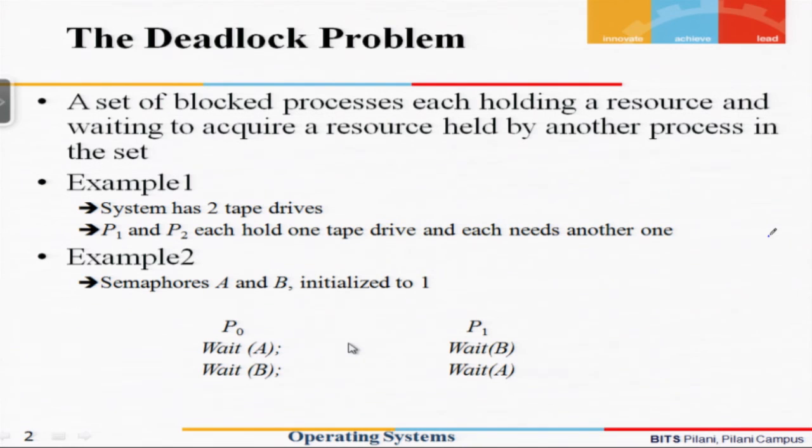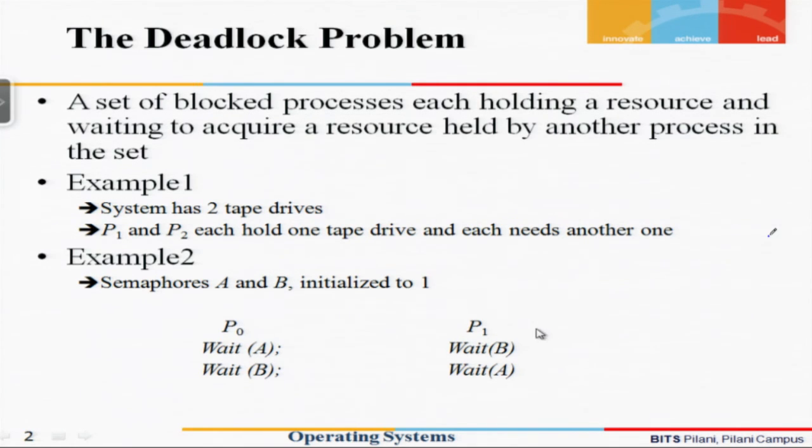Now under this scenario, let us assume that process P0 comes and executes the instruction wait A. So it acquires tape A, and then after it has acquired tape A, let us assume that process P0 gets suspended and P1 comes, and it executes the wait B. That is, it acquires tape B. Now what happens?